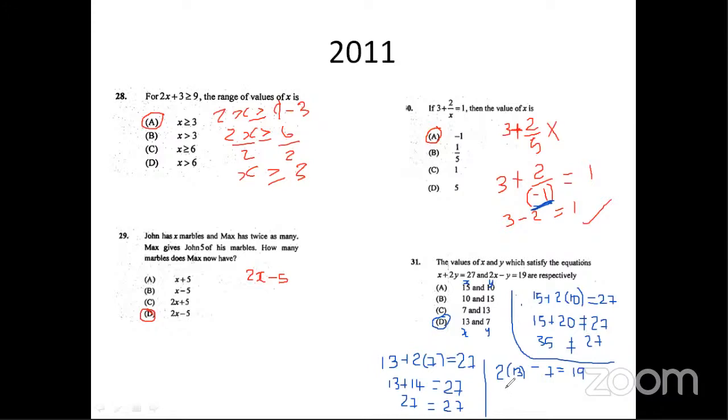So 2 times 13 gives us 26. Minus 7 gives us 19, which means that is definitely the correct answer. All right, so that was number 31. Our answer is correct, D. So this one is incorrect, and this is the correct one.